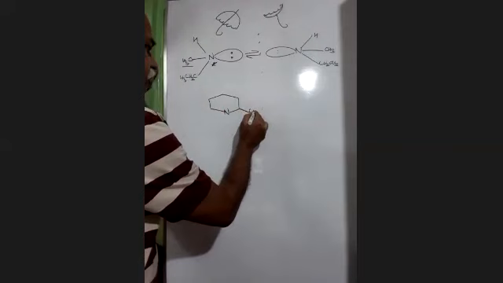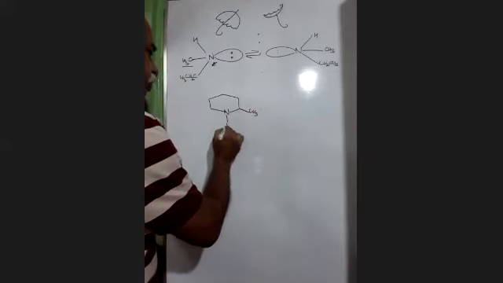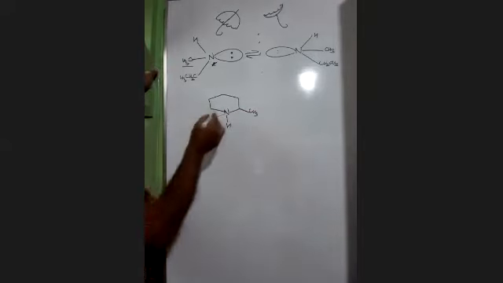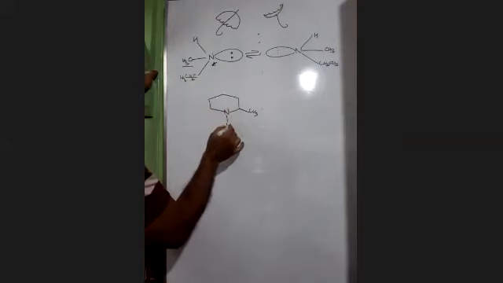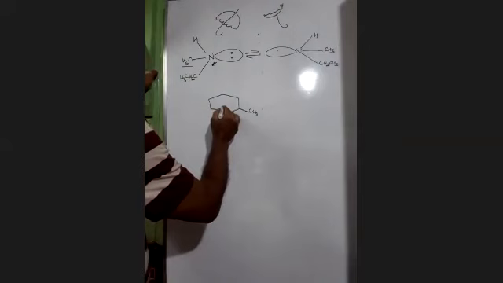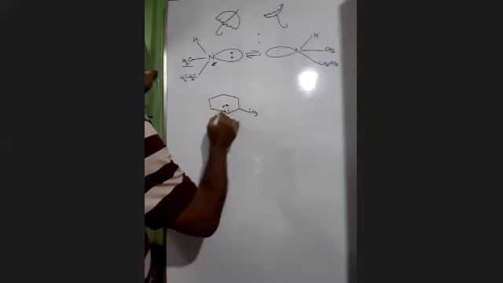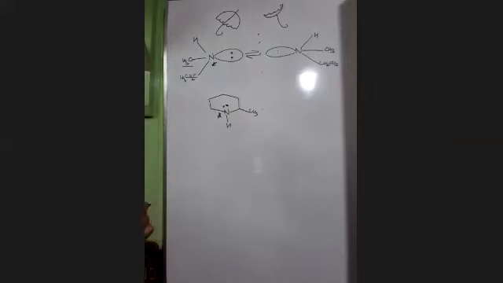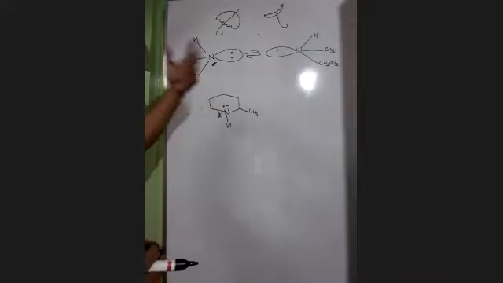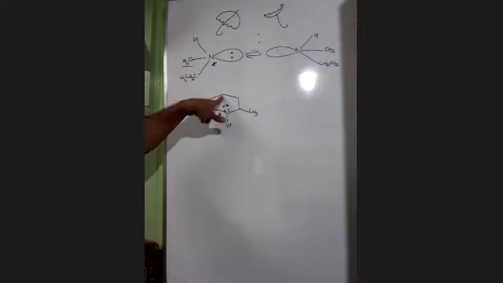So it is CH3. See here, this group and these are not the same. And this is a lone pair. So this nitrogen is asymmetric. Now this one is going to show you optical activity. Why? Because this group cannot be reversed because it is bonded from the other side.